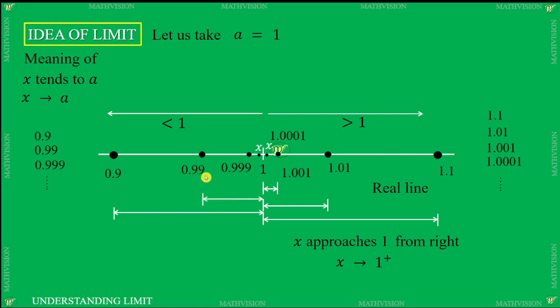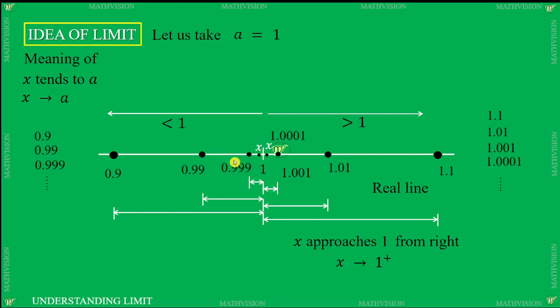Now if we again join one 9 after the decimal point, the distance again reduces. So if we join more 9s after the decimal point, the point comes closer and closer to 1. If this is the situation, then we say that x is getting closer to 1, that is, x is tending to 1, or x approaches 1.